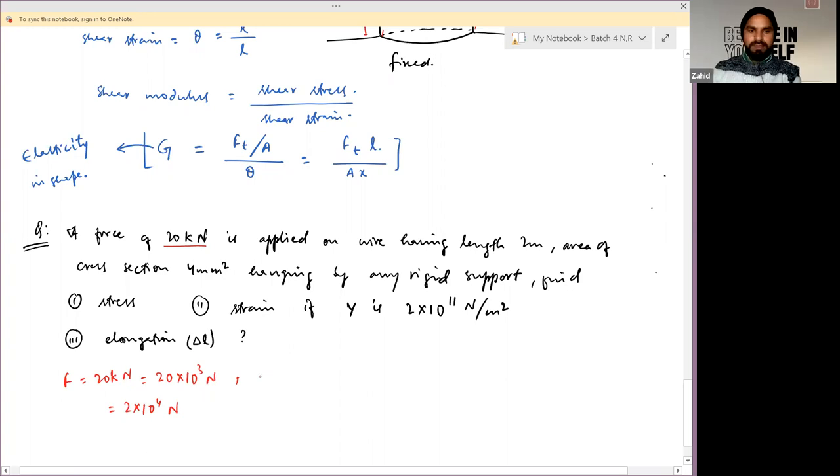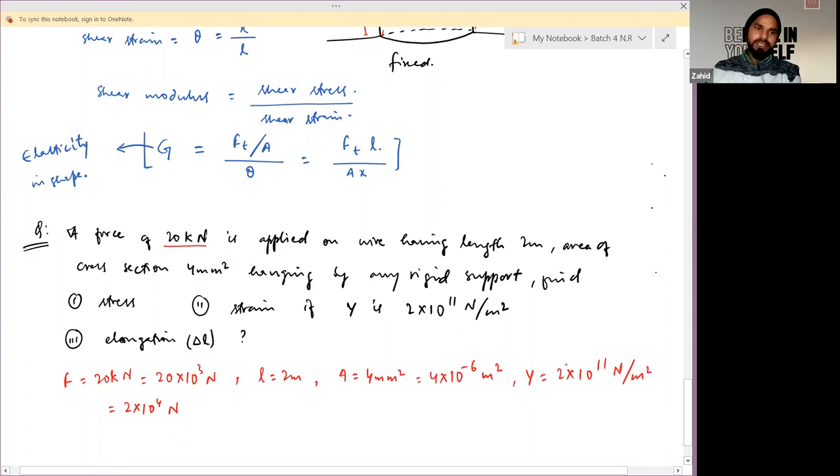Next is length of wire is 2 meter and area of cross section is 4 mm square. So we have to convert this area from mm square to meter square. Just multiply it by 10 to the power minus 6 to convert it in terms of meter square. Next is Young's modulus, which is equal to 2 into 10 raised to power 11 Newton per meter square.